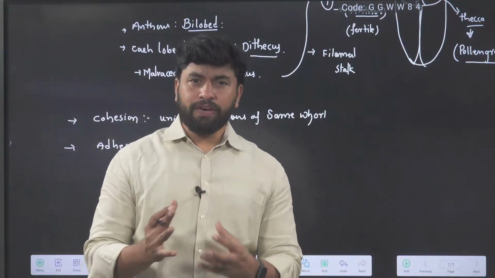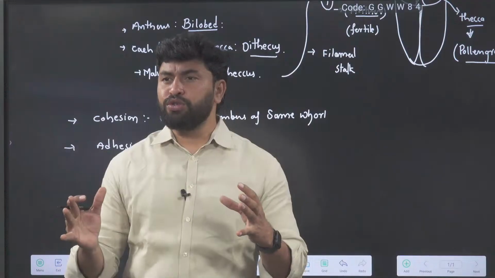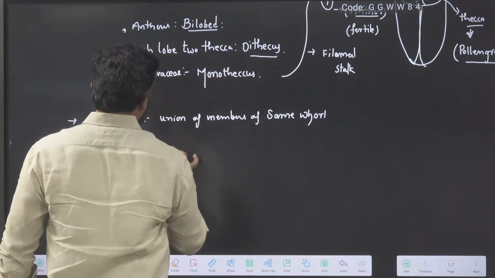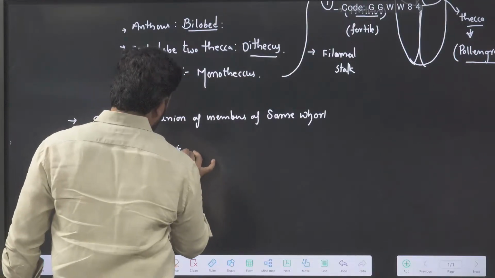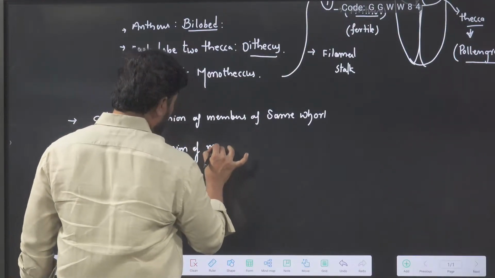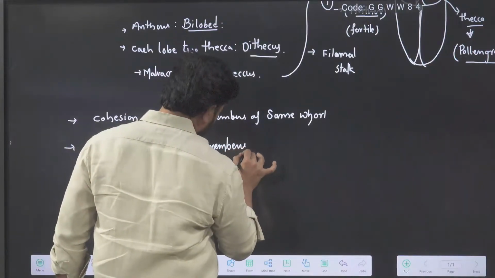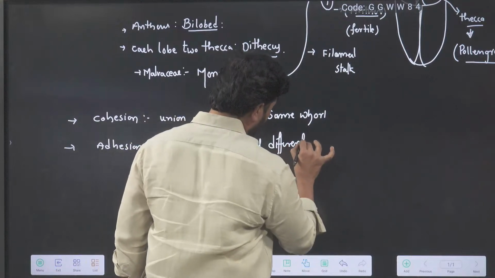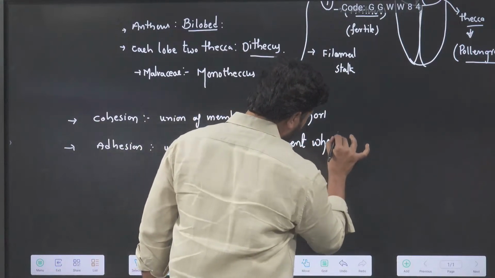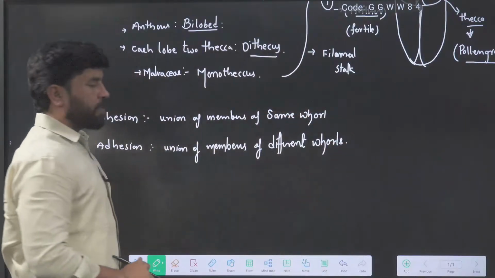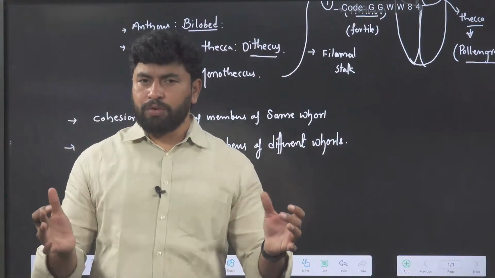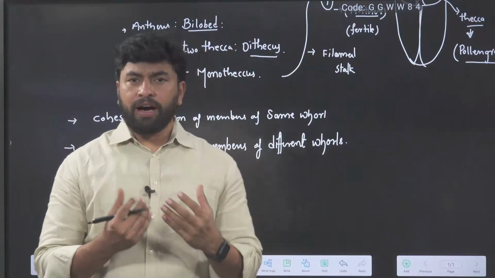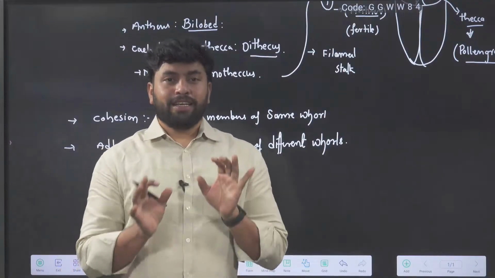Adhesion means two different varieties of floral organs join. Adhesion is the union of members of different wholes: this whole, that whole, petals, sepals, Androecium, Gynoecium, like that. If they are uniting, that phenomenon is called adhesion.